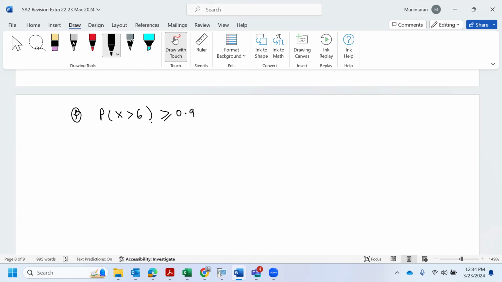We cannot do this mathematically. So it's going to be 1 minus the probability of X less than or equivalent to 6, equals 0.9. So the probability of X less than or equivalent to 6 is going to be 0.1.